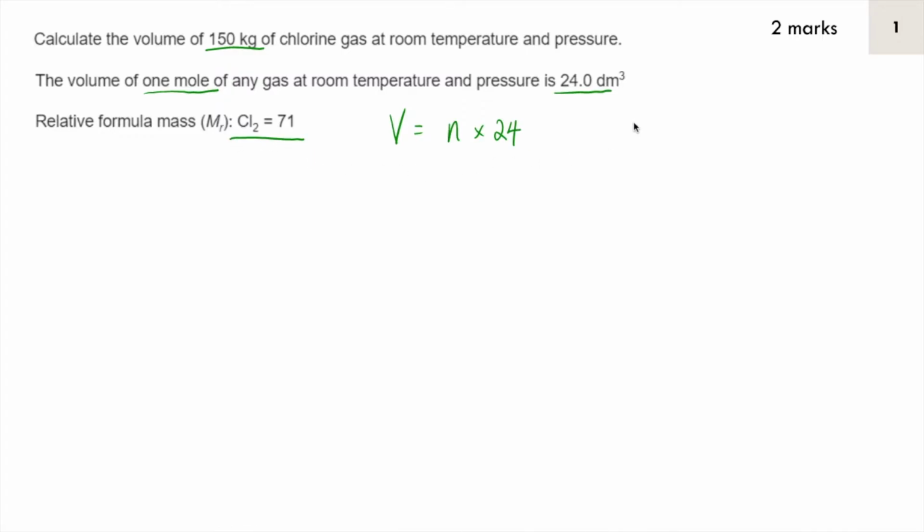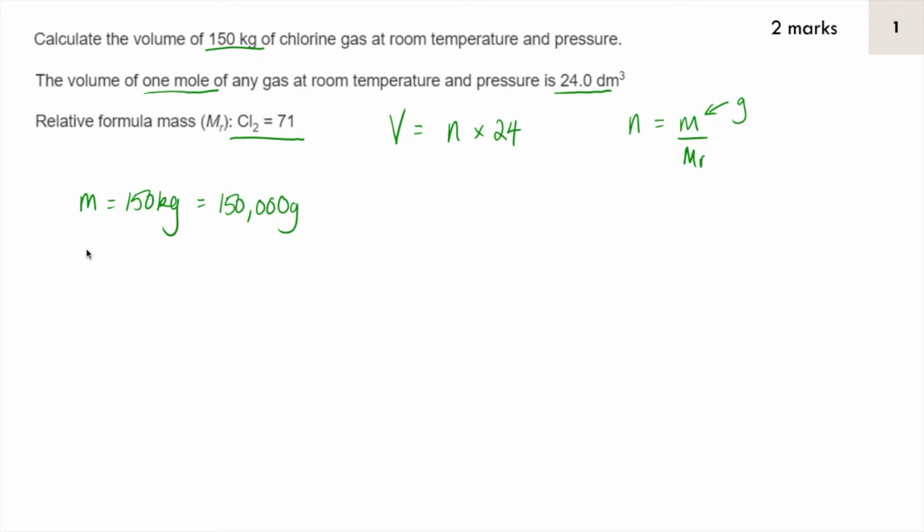So using mass and MR, we can work out number of moles. Number of moles N is the mass divided by the MR. Okay, now the mass we've been given is in kilograms, and the mass in this formula should be in grams, so we need to times by 1,000 to convert to grams.